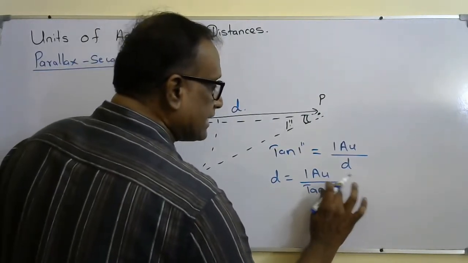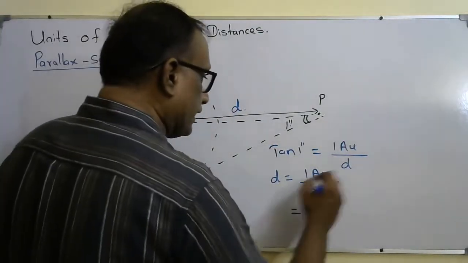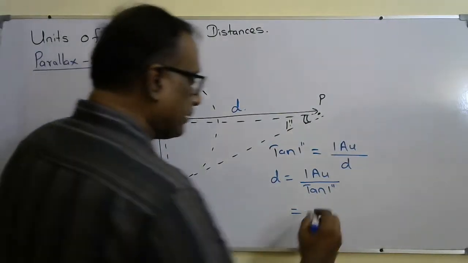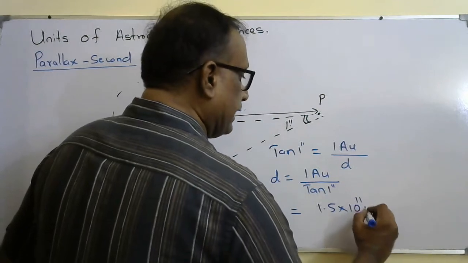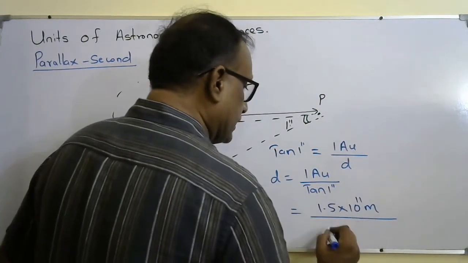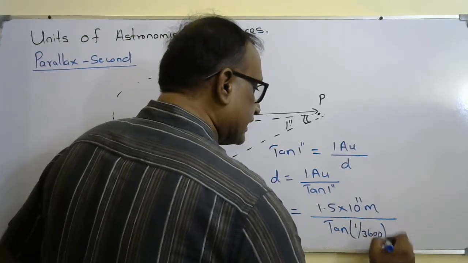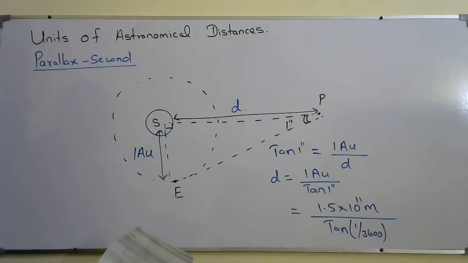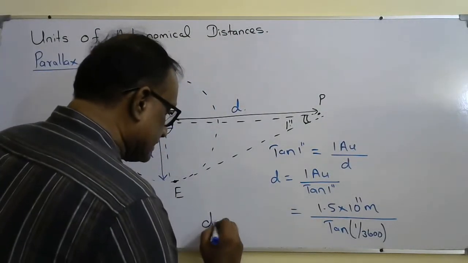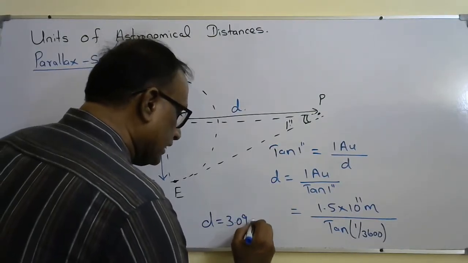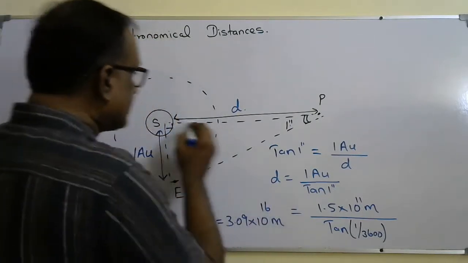You know that 1 second is equal to 1 over 3600 degree, and 1 AU is 1.5 times 10 to the power 11 meter, divided by tan of 1 over 3600 degree. When you solve it, you will get D is equal to 3.09 times 10 to the power 16 meter.